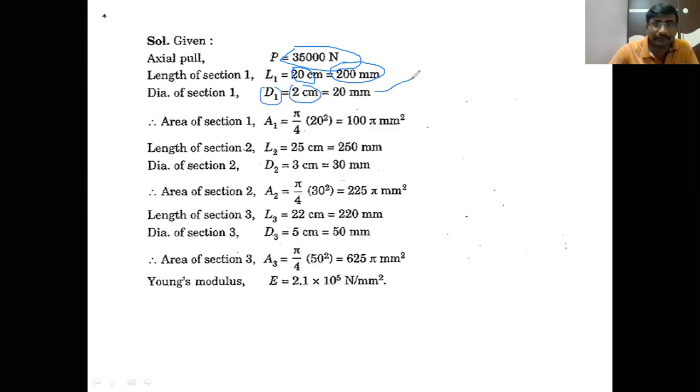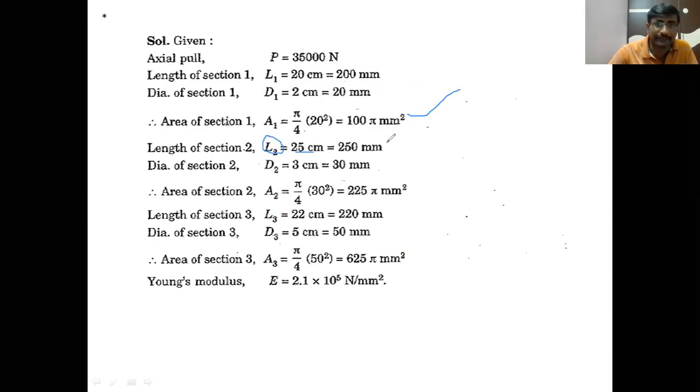It is also converted into millimeters, 20 mm. Then the area of the section becomes pi by 4, 20 square. Because it is circular in section, the area formula is pi by 4 d square. Pi by 4, 20 square, that is 100 pi mm square.